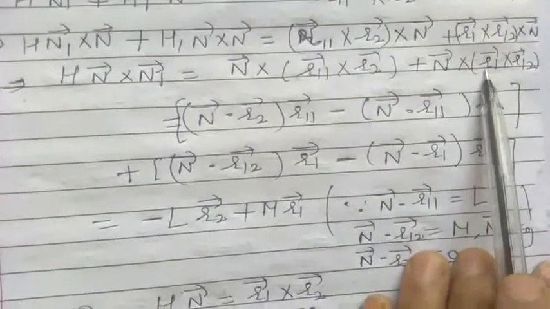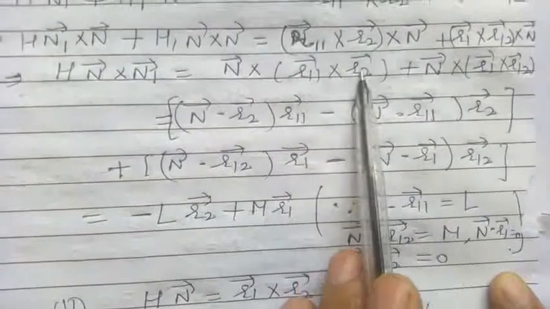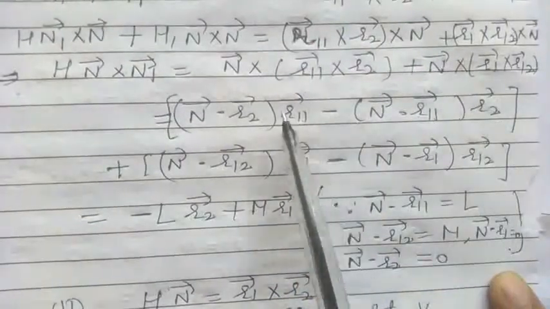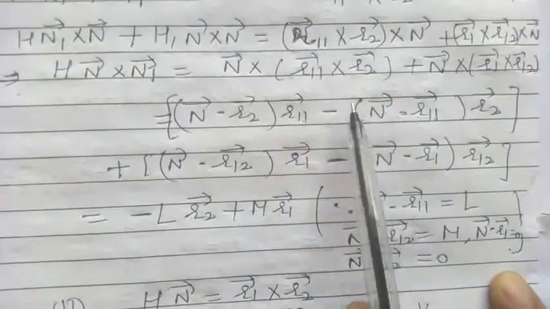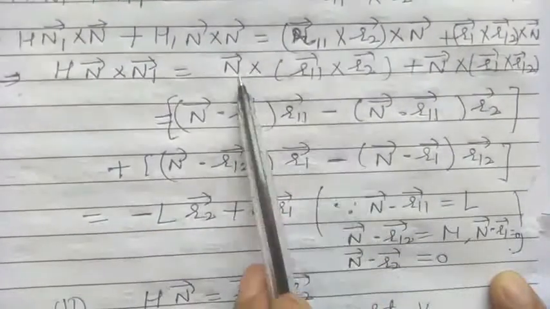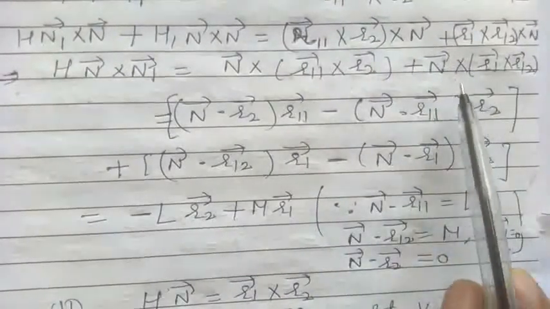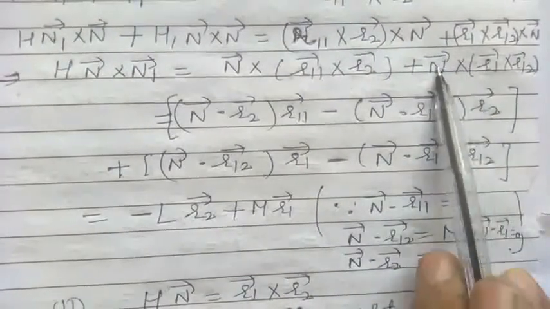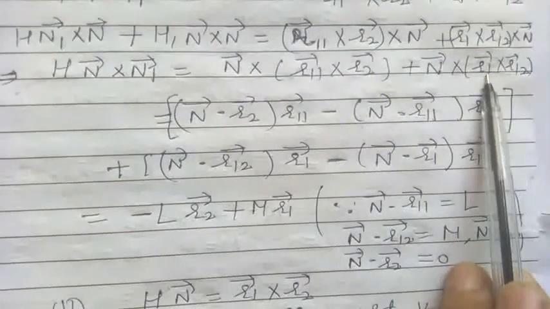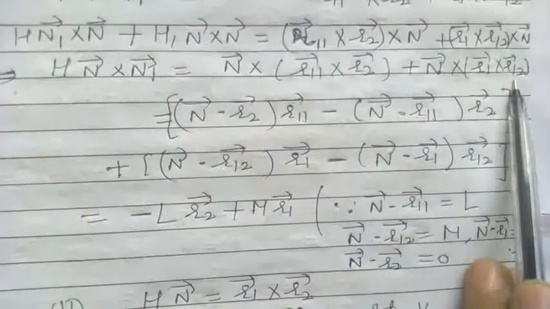Now on the right hand side, we use the definition of vector triple product for these three vectors and these three vectors. Using the definition of vector triple product, the dot product of these two vectors into this vector minus the dot product of these two vectors into this vector. From here also, by the definition of vector triple product, the dot product of these two vectors into this vector minus the dot product of these two vectors into this vector.